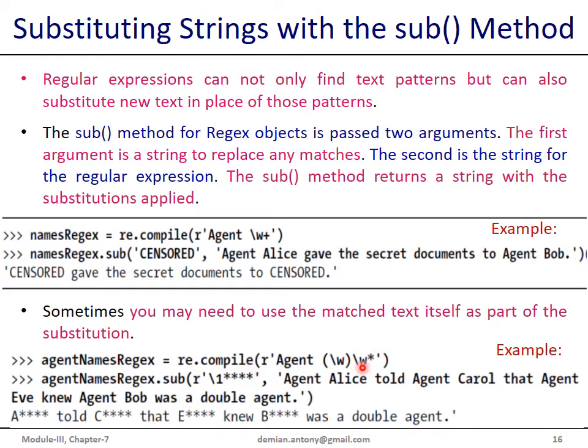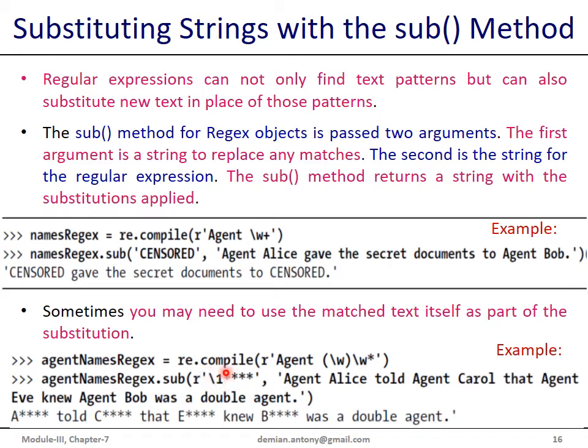This is the pattern, and we have created one group, the first group, followed by the number of letters. And if you want to substitute this with the matched character, the first letter after Agent, what we have to do is write the substitute as \1.